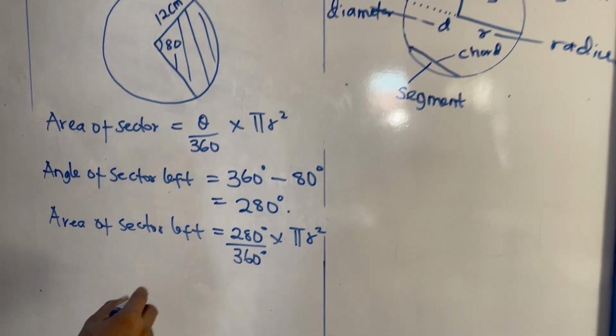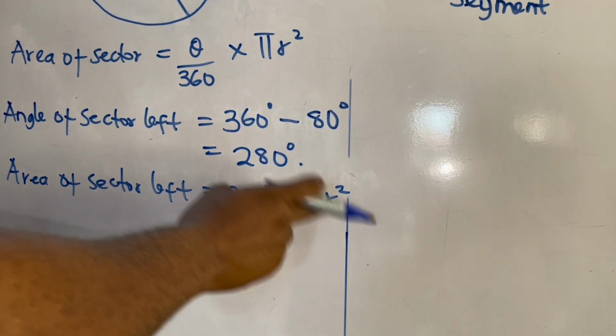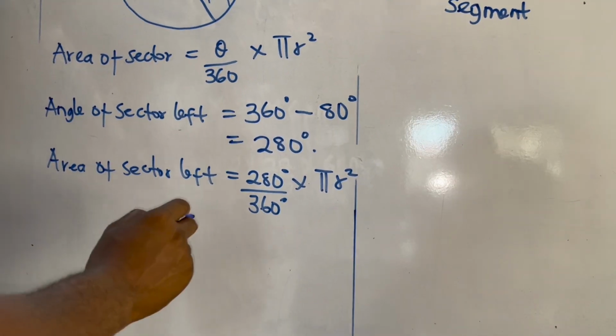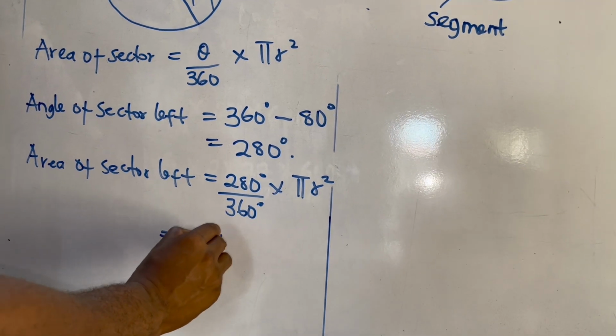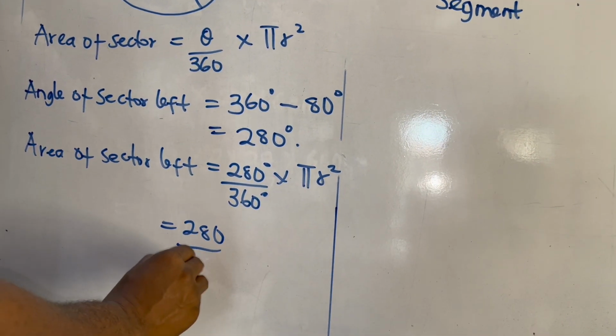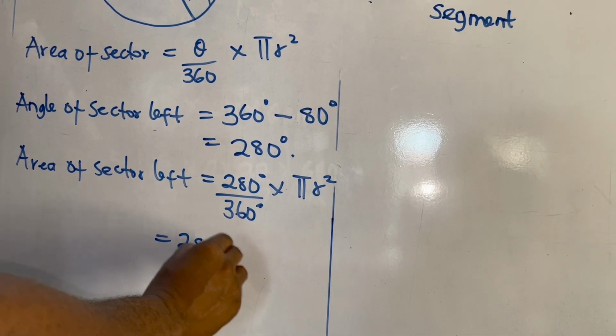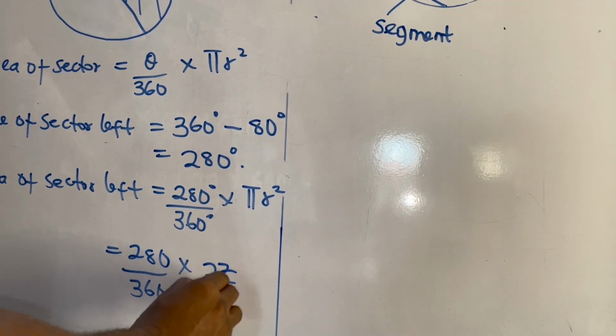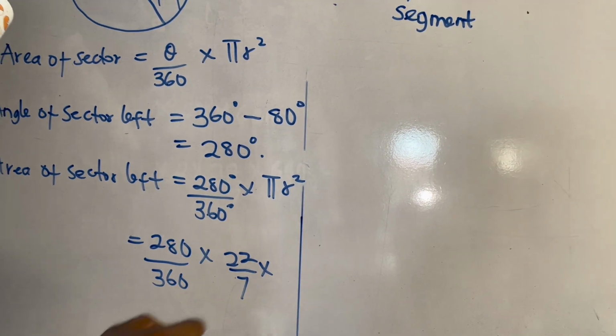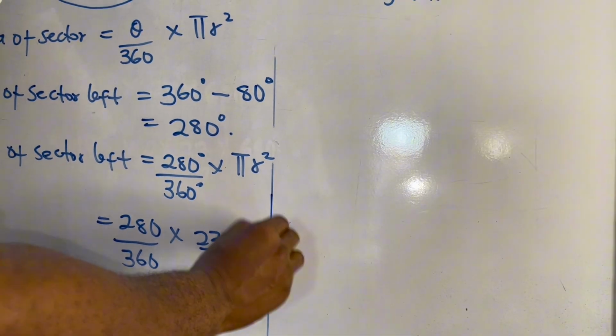So now in this case, we have that r is 12 centimeters. So this will be 280 over 360 times pi is 22 over 7 times the radius, in this case, 12 squared.